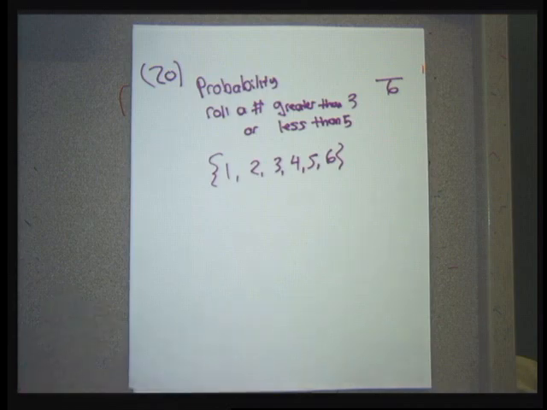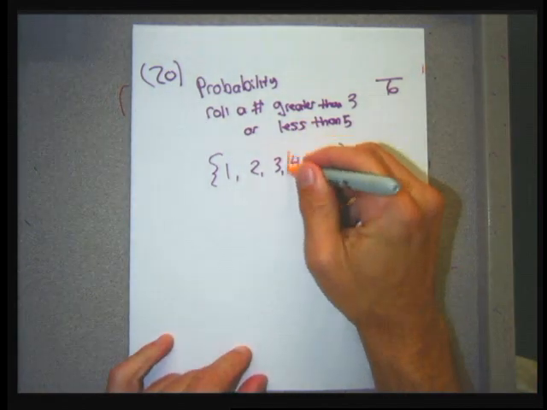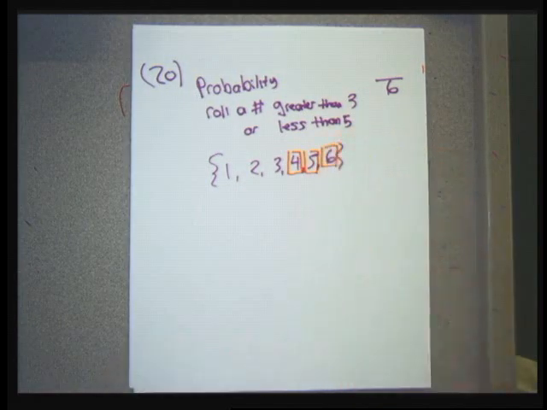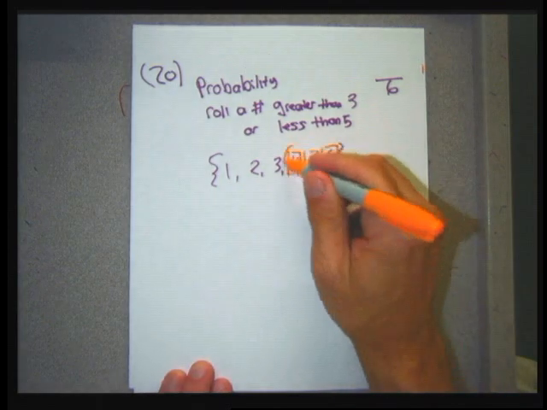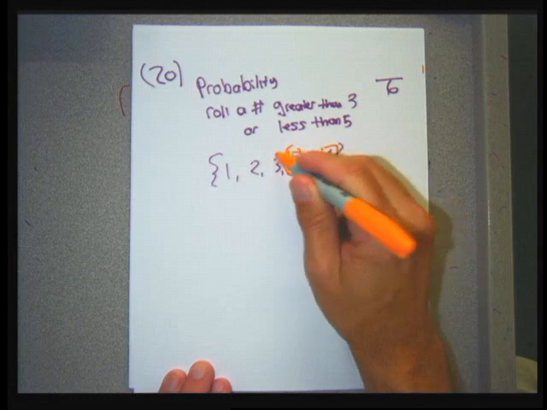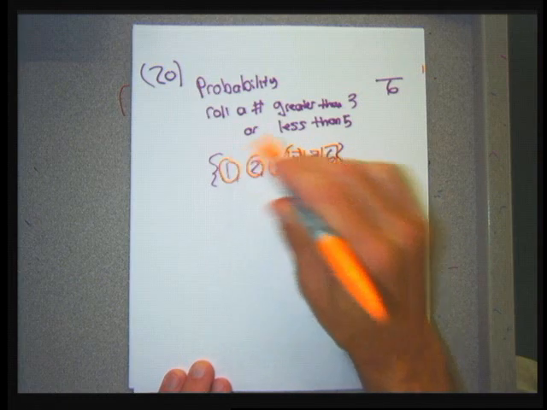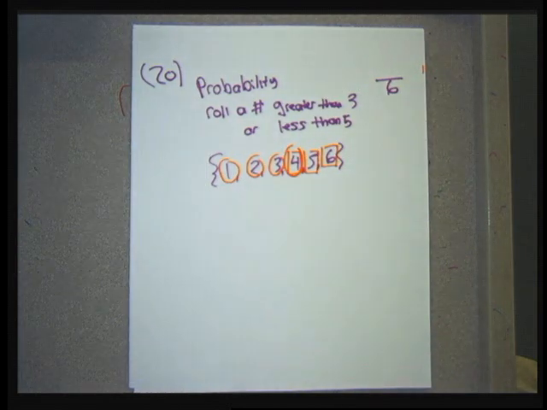So for the greater than 3, the numbers 4, 5, and 6 satisfy the greater than 3, so they would need to be counted in my numerator. For the less than 5, I get the numbers 4, 3, 2, and 1. So I have circled all the numbers that are less than 5 and squared all the numbers that are greater than 3.